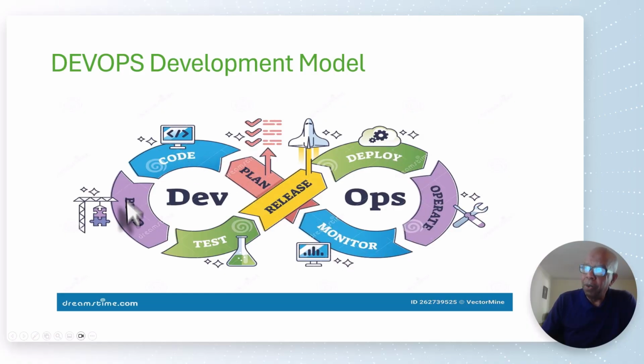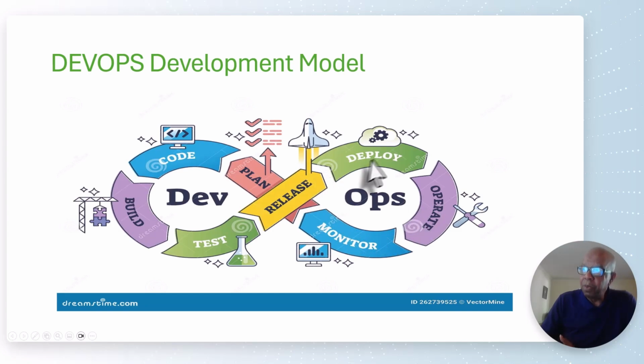We plan it, code it, build it, test it, and then release it back into production. So now production is part of the process. We can't mimic production exactly like we do development and acceptance, so we're going to make it part of the overall process.